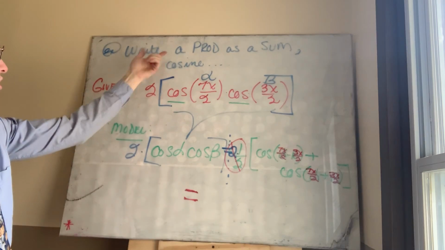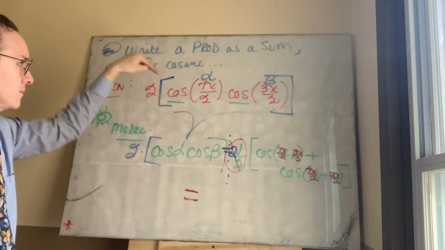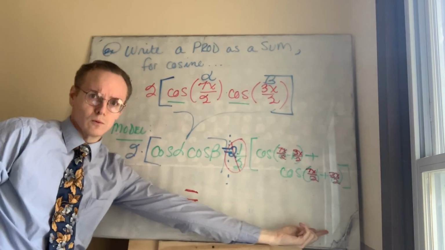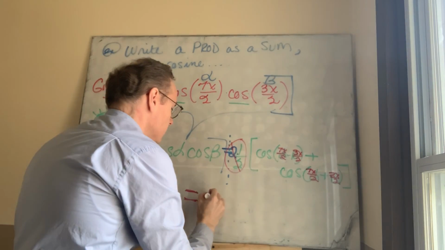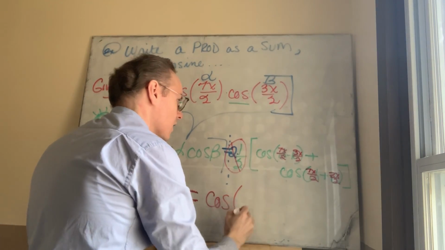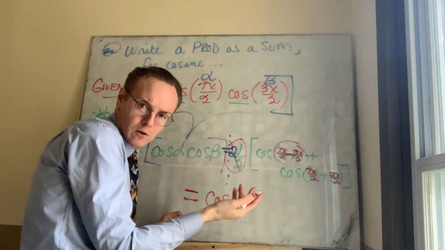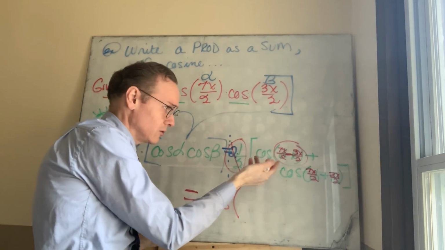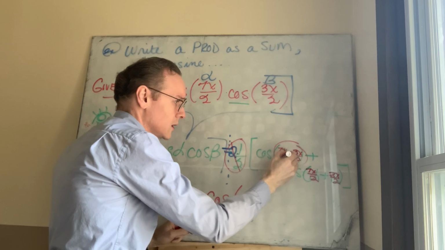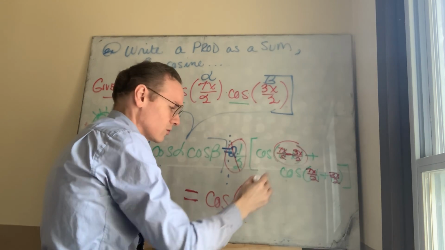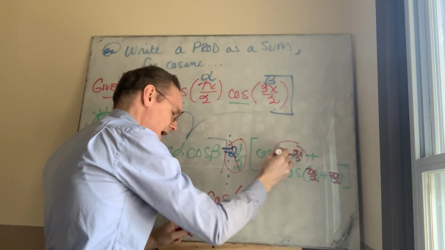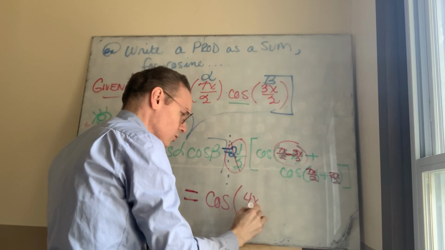If they want you to simply write this product as a sum, this is what it will equal. It will be equal to the cosine of these 2 arguments subtracted. The common denominator is 2, so you don't have to tweak them too much. They're like terms, 7x and 3x respectively, and now you are subtracting them, so it's 4x over 2.